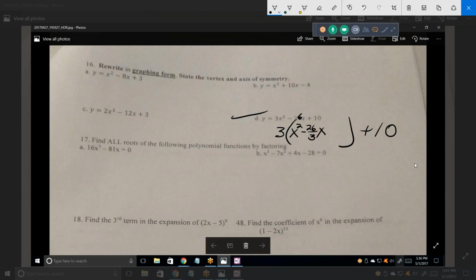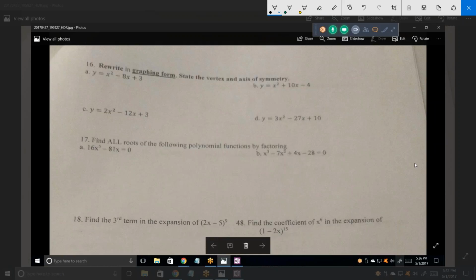Only now I can complete the square by taking half of that number, squaring it, balancing it out. Now I'll have it in vertex format. So my point is that when you have to get rid of that coefficient, you factor it out whether it factors evenly or not.